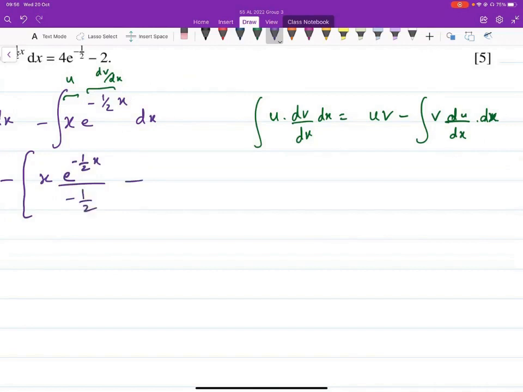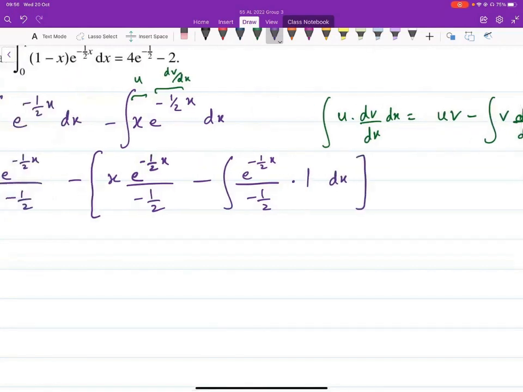Okay? Minus integral of v. What's v again? That's e raised to power minus half x divided by minus 1 over 2 multiplied by du over dx, derivative of u, which is x. x का derivative क्या होगा? 1. इसको हमें integrate करना है. ठीक है? Integration by parts apply होगी.